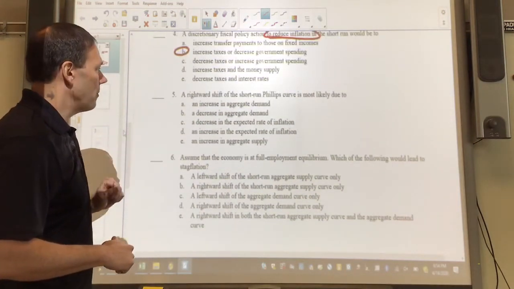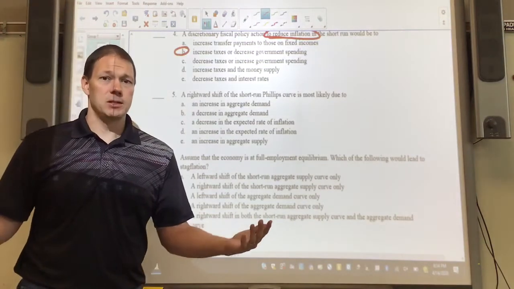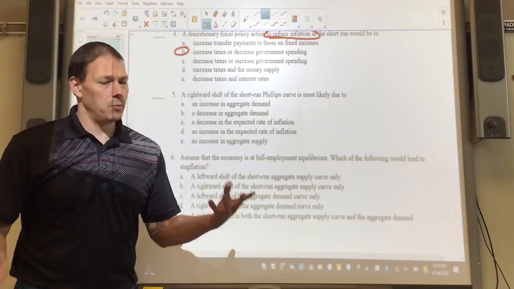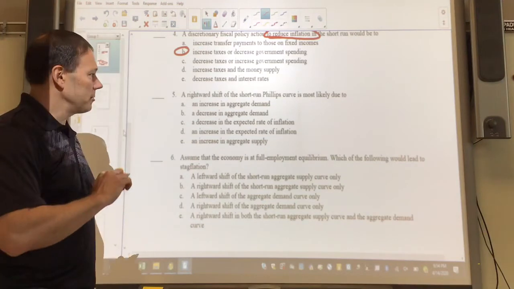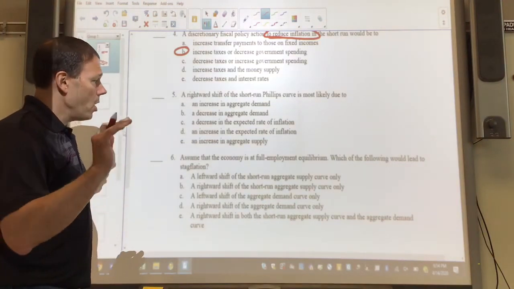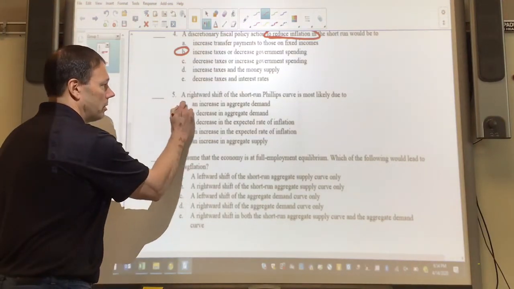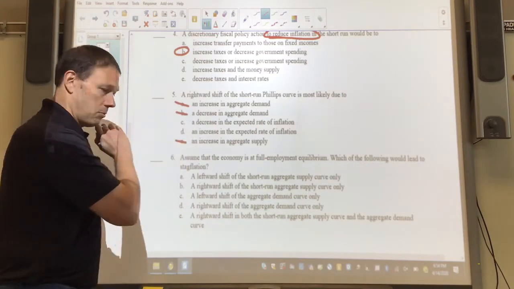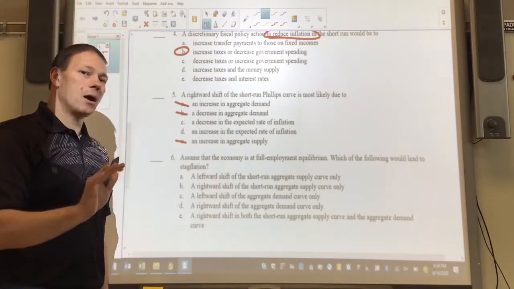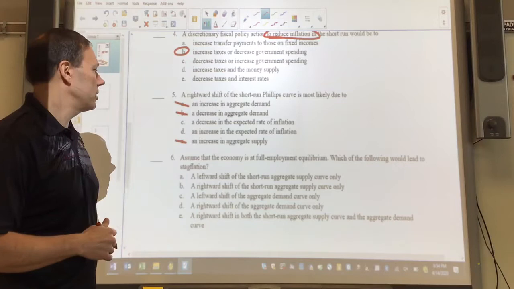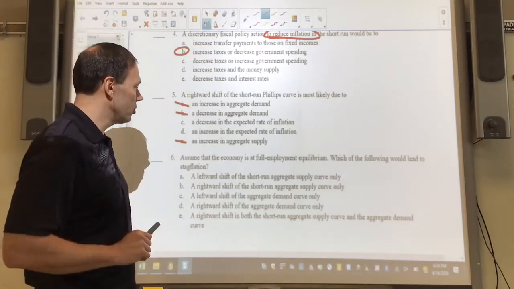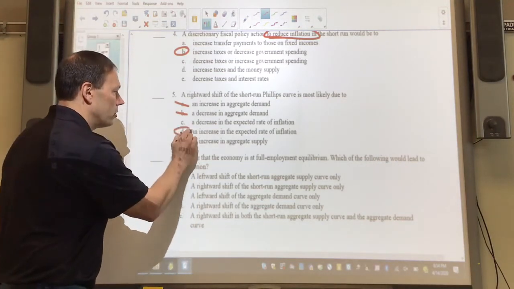Now, you come back up to number five and you say, that's not an option. Okay, that's a problem. Well, okay, no, it's not an option, but let's eliminate some here. So we should automatically be able to eliminate A, B, and E, because those shifts would not cause inflation and unemployment to go up at the same time. Now, the answer here is going to end up being letter D.